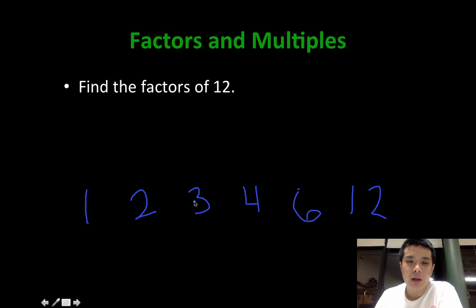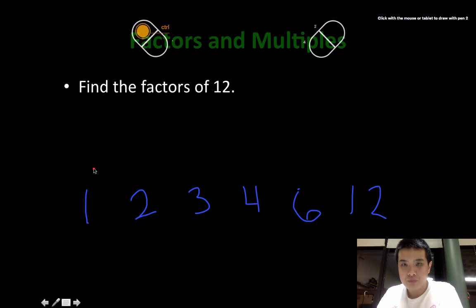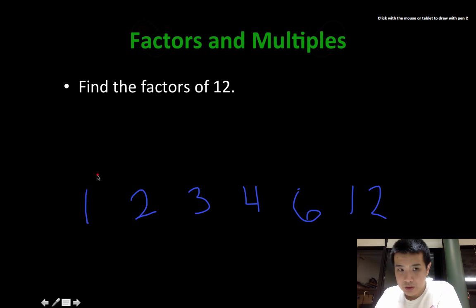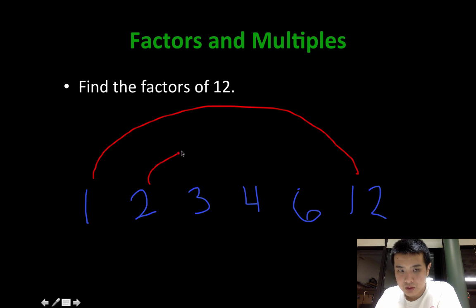Notice how I kept going between 1 through 12. I went from 1 to 2 to 3 and found their corresponding other number that will be multiplied to get to 12. Oftentimes we try to draw a rainbow to show that these numbers are connected. Just like this.